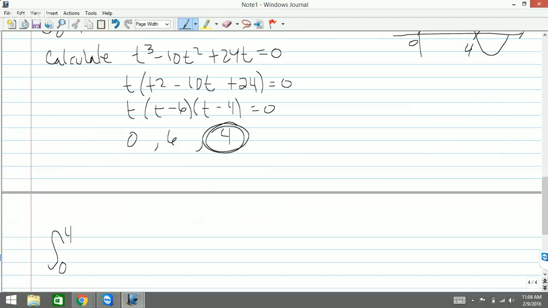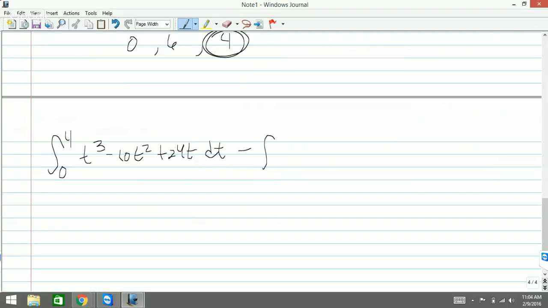But, okay, now you've had time to write that down. Okay, so we split our integral up and subtract. Can anybody tell me why I subtract?